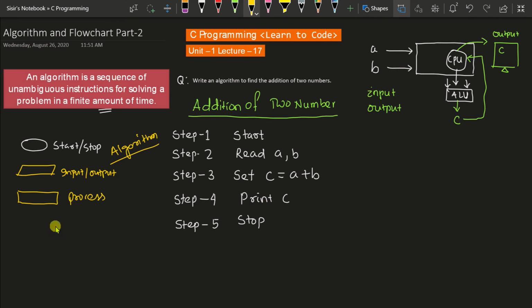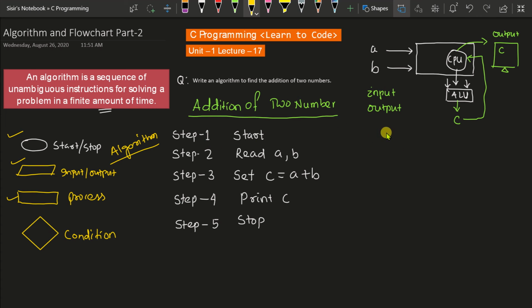So just remember these three symbols. Now these three symbols we are using to draw this figure. There is another symbol for condition, and we are not going to use this one, because this algorithm does not contain any conditional step. So let us start.